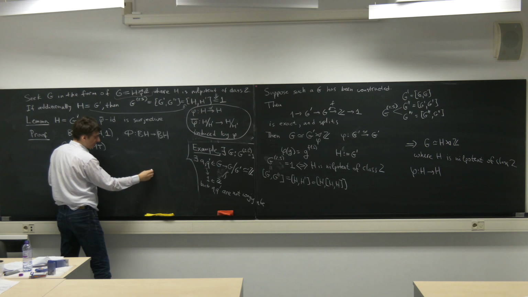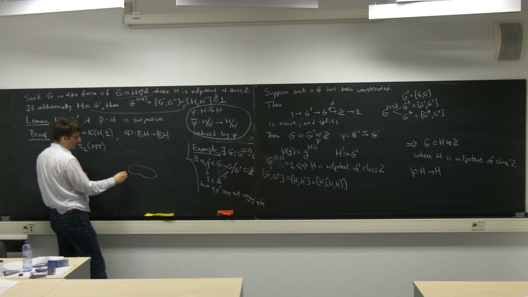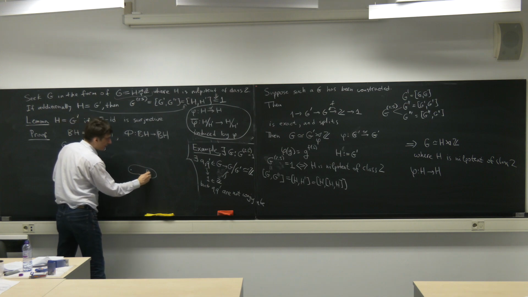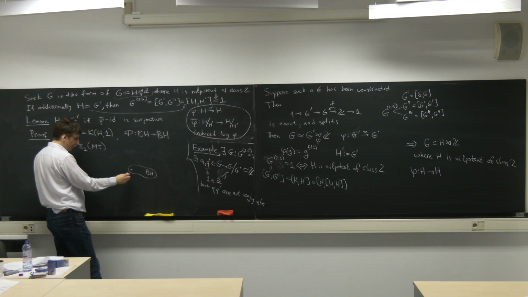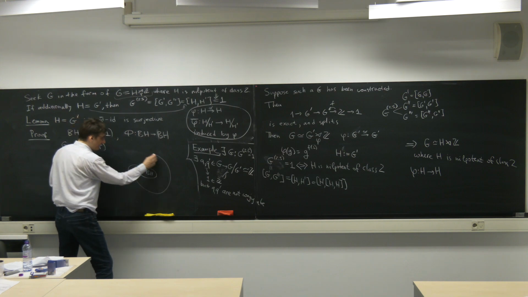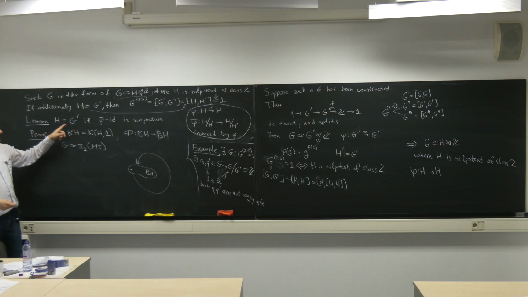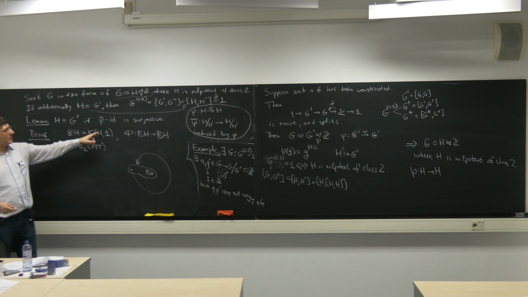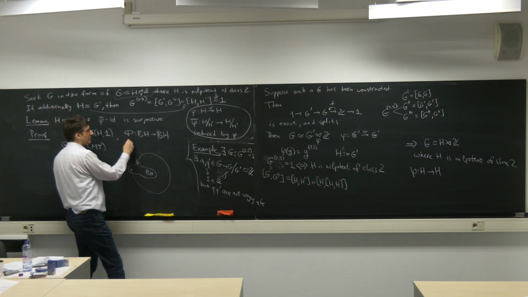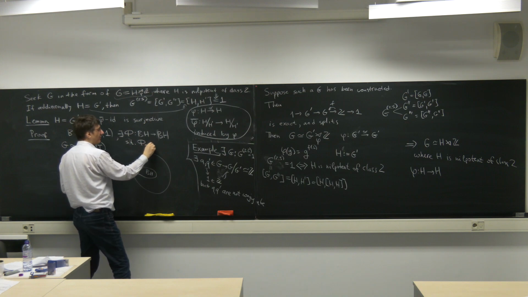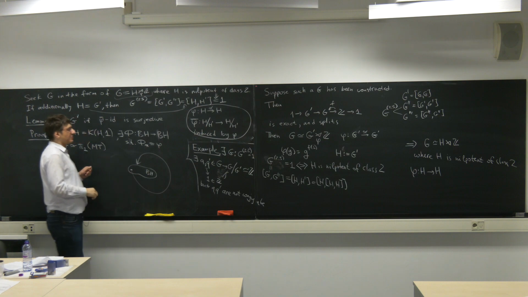Okay, let me draw a picture. So there is some space BH with a base point, and then there is some map. So phi capital is a continuous map, which induces phi small on the fundamental group. So there exists such a map phi capital such that its induced homomorphism on the fundamental group is phi small.